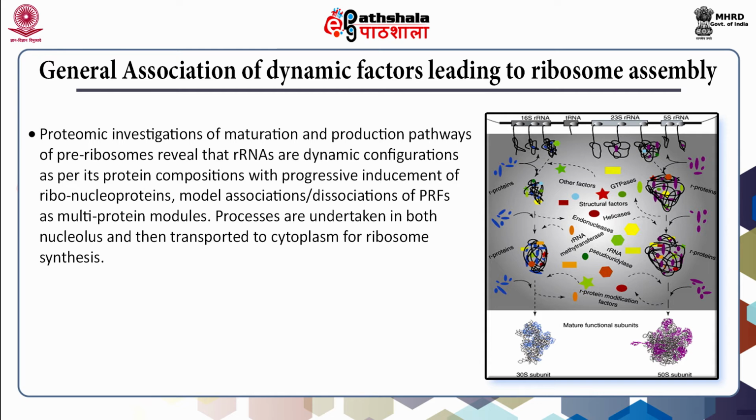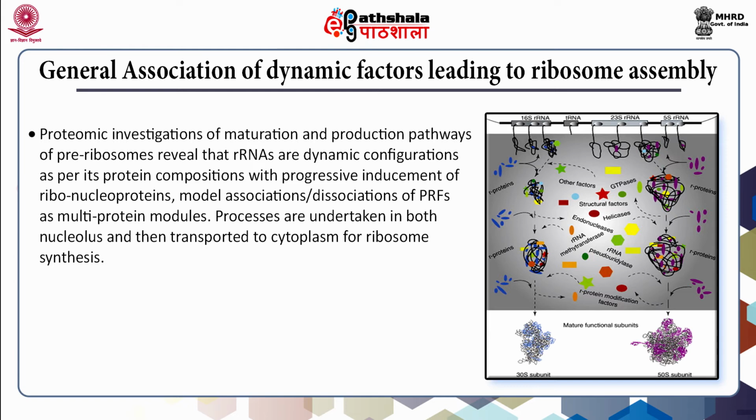The proteomic investigations of the maturation and production pathways of pre-ribosomes reveal that rRNA processing includes a highly dynamic configuration as per its protein compositions, with progressive inducement of ribonucleoproteins, modular association and dissociations of PRFs as either individual factors or as multi-protein modules.